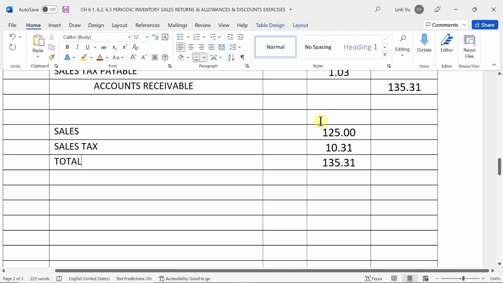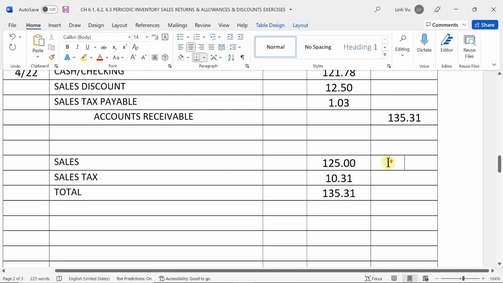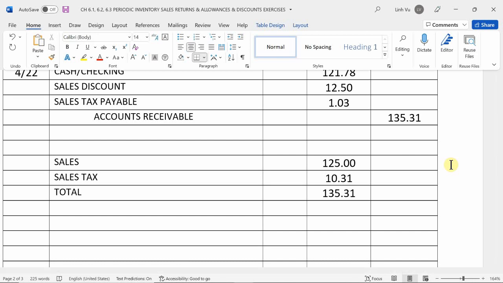If I were to go ahead and recharge him for the discounted amount, right? 125 minus that $12.50, because he gets a 10% discount, right? How much is he actually going to be charged? Well, let's figure it out. 125 minus, or times 90%, is the same thing, right?